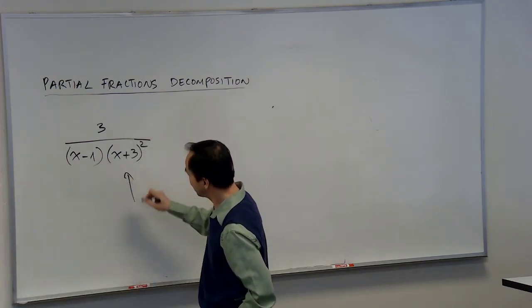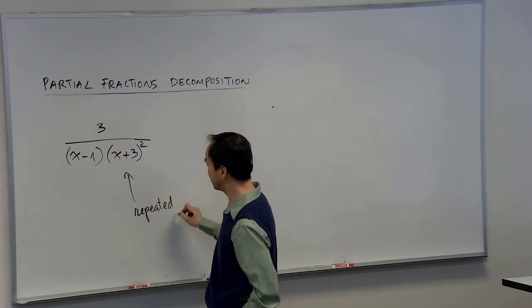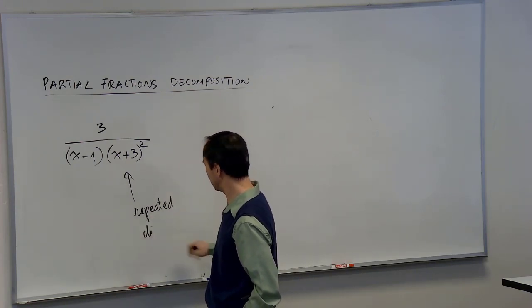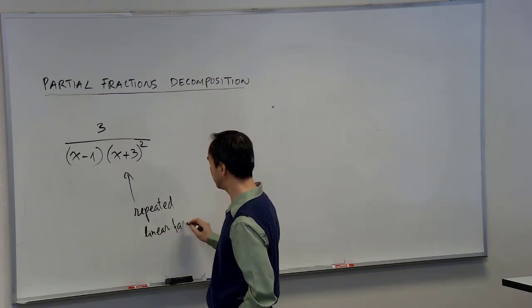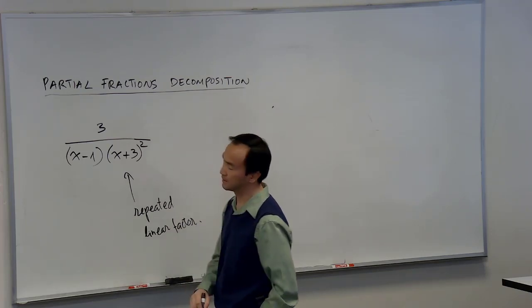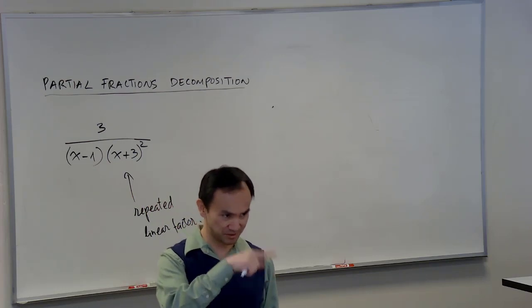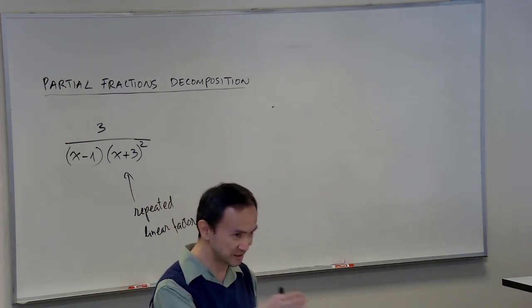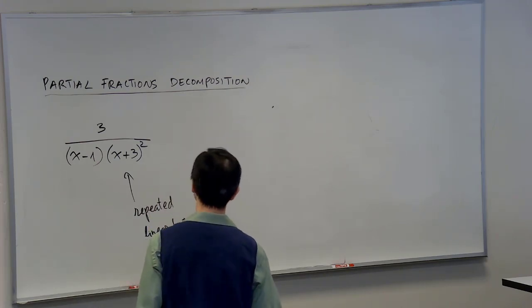So right here in this problem, we got repeated linear factors. Basically, now we get into a mix of some of the linear factors being distinct and some other ones being repeated.